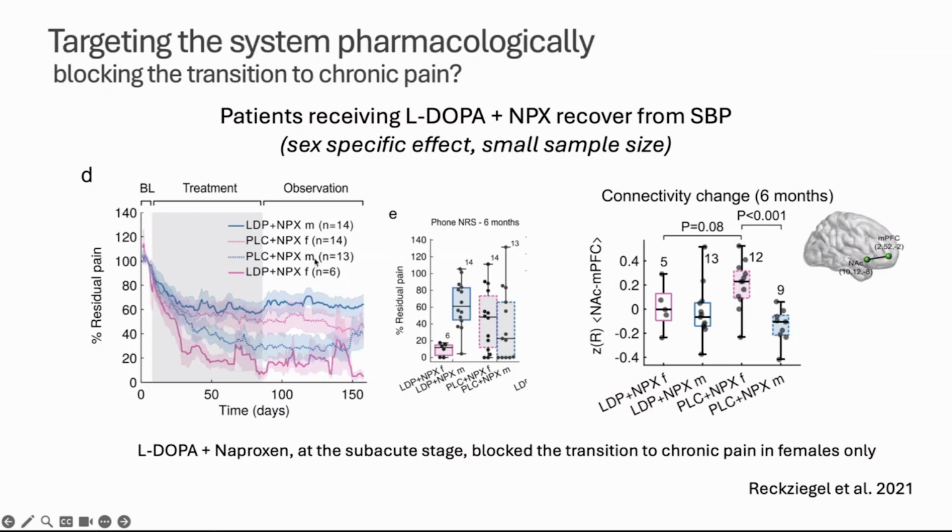However, if they received placebo, they actually did much worse. I should mention that in this pilot study the effect was only observed for females, and we do know that the dopaminergic system shows some sex-specific effects, so it could be the case that this treatment might be more efficacious for females rather than males. This is again something that we are using to probe the system.